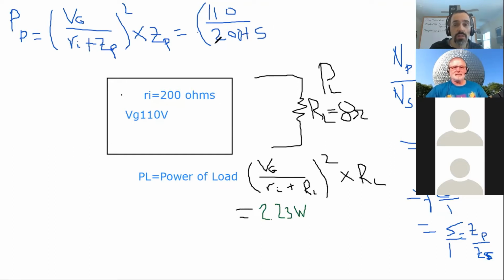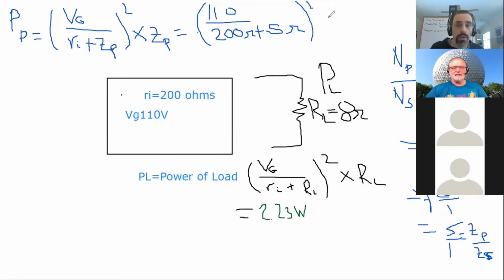So you notice that these are all in ohms. I'm going to clean this up here in a second. Remember, this ZP is still 5, so we can say that is 5 ohms. So we have ohms plus ohms, and then we square it.